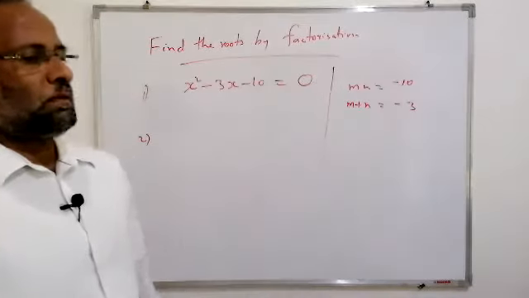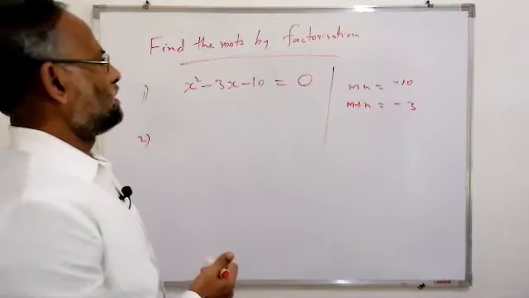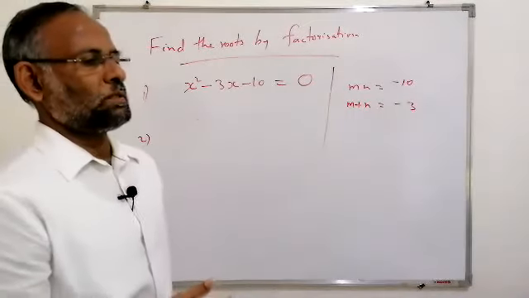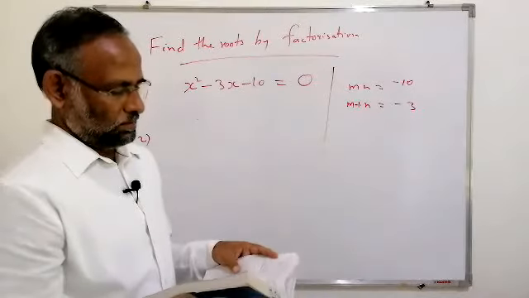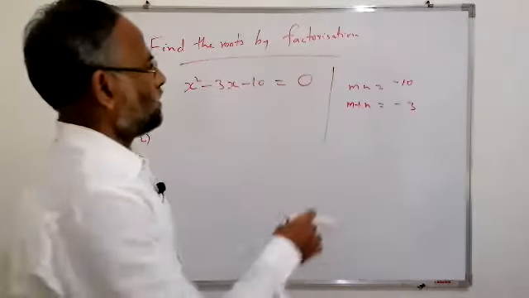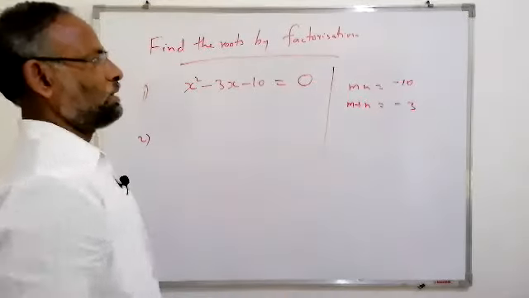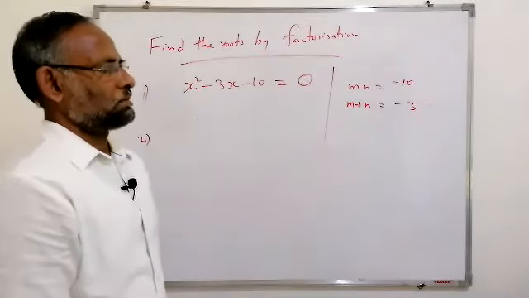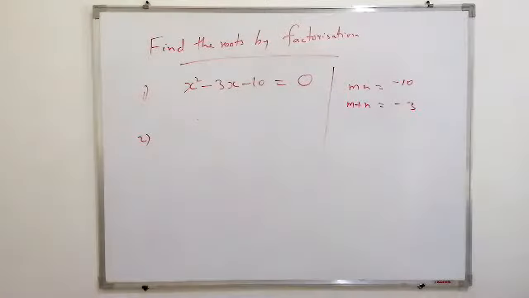Can you do this one? It is more easy. x square minus 3x minus 10 is equal to 0. Multiplication is minus 10 and addition is minus 3. Tell me the numbers. Okay.